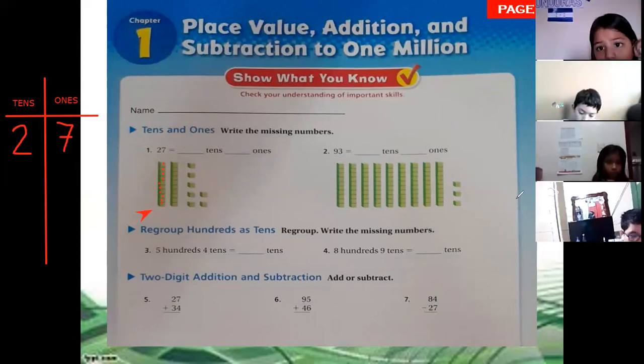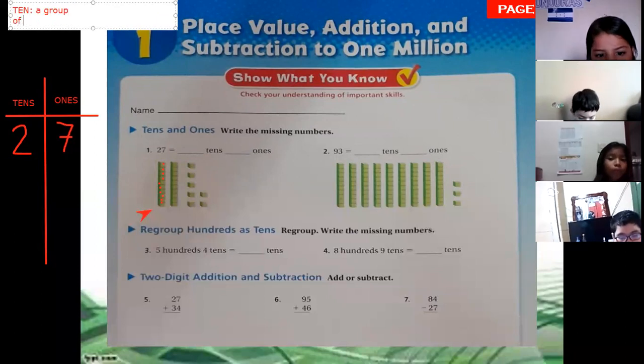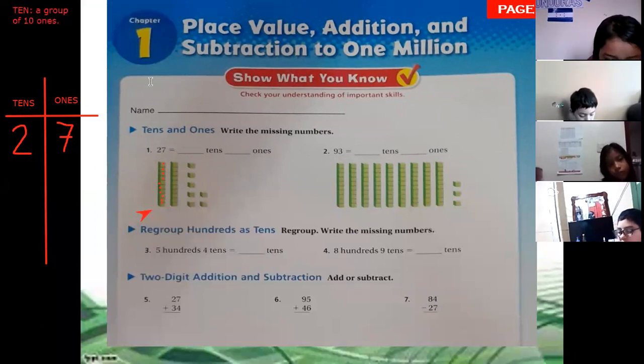How many tens? A 10 is a group of 10 ones. Okay? In 27, how many groups of 10 do we have?